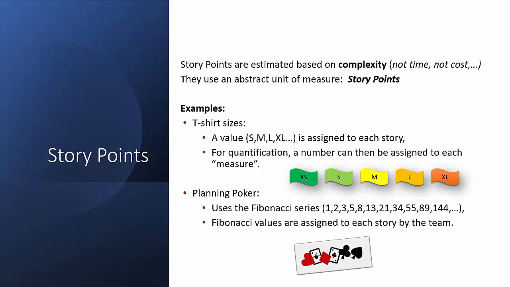So essentially, the team decides across these numbers what value to allocate to the story. Right? The story is presented, and they will give it a value 2, a value 8, a value 21. They will pick one of the numbers on the Fibonacci series to represent it, and that will be the number of story points of that story.